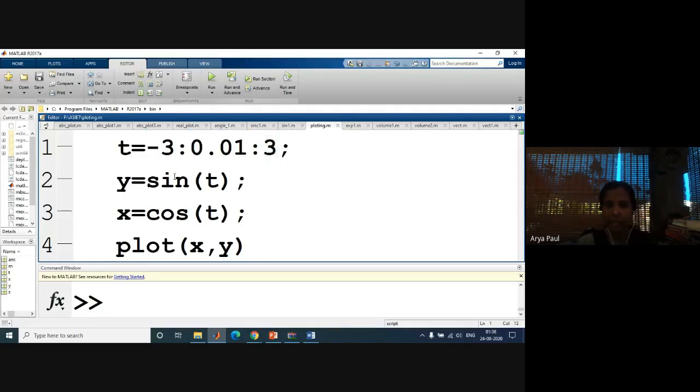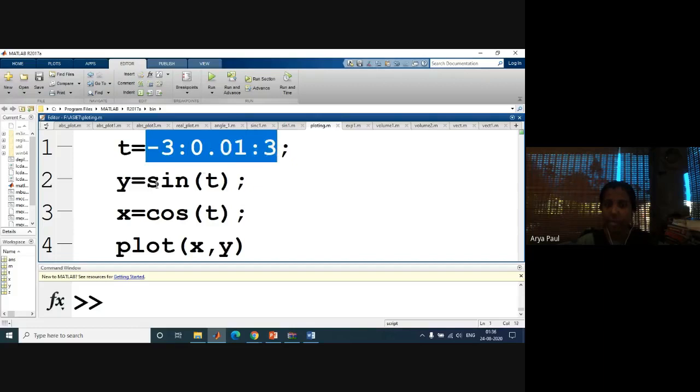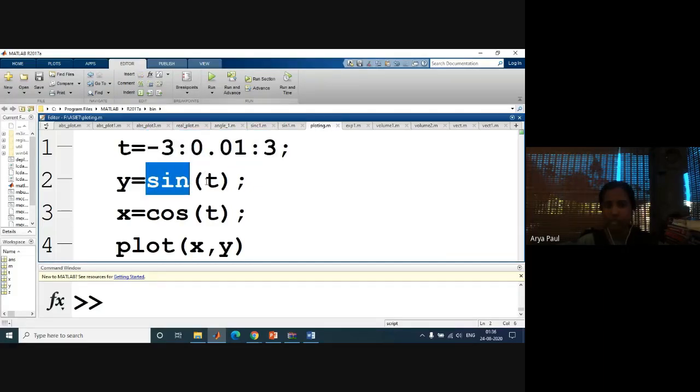Now I am finding sine of t. For every value of t, it will find the sine value, isn't it? So you assign it as y. Then you find cos of t. For every value of t, it finds the cosine value, so you make it x.